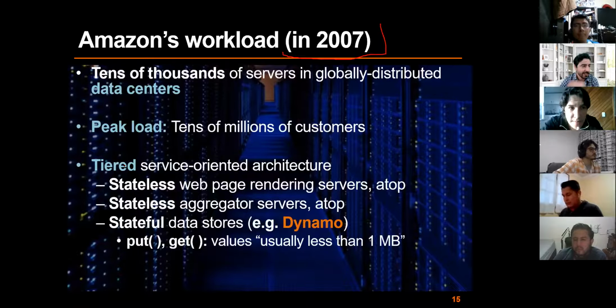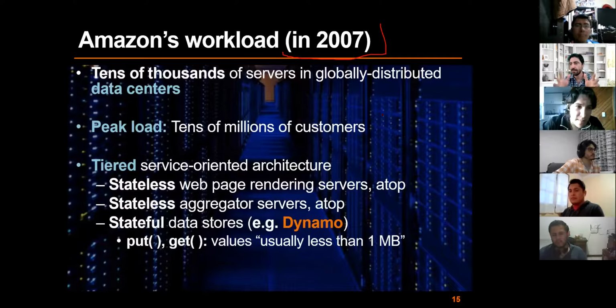They had a tiered service-oriented architecture: stateless web page rendering servers, stateless aggregator servers, and stateless data stores. What I'm saying here is just the context of the paper, where it's coming from, at what time, and what the situation was.